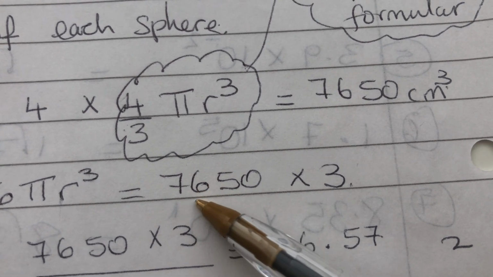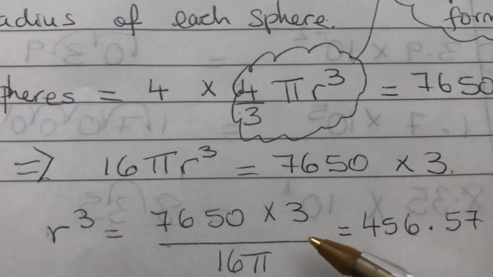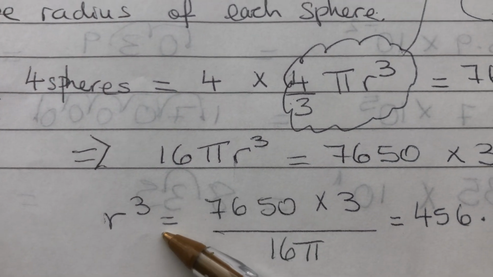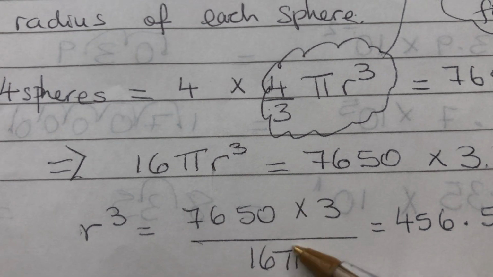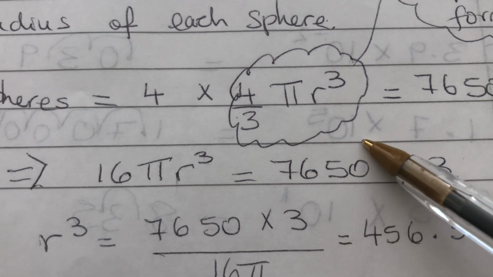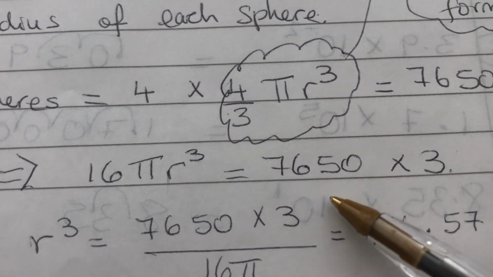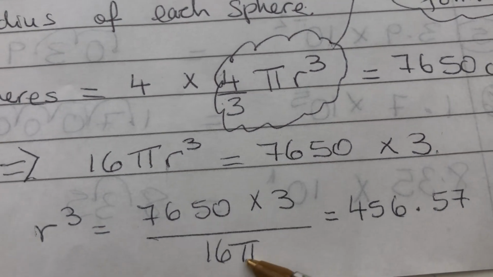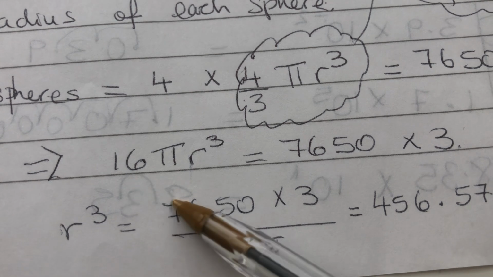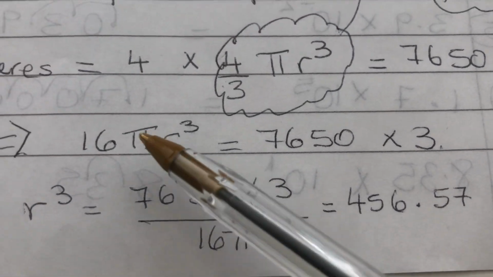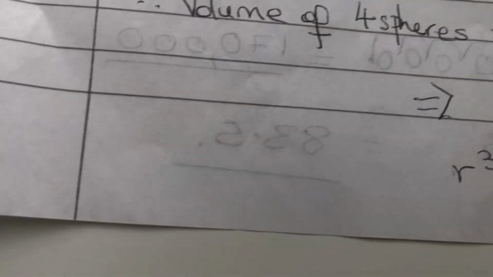So it will be 7650 times 3. Now for r cubed, you divide: 7650 times 3 over 16 pi. Then you get r cubed on its own. That is changing the subject. We've done that earlier on.